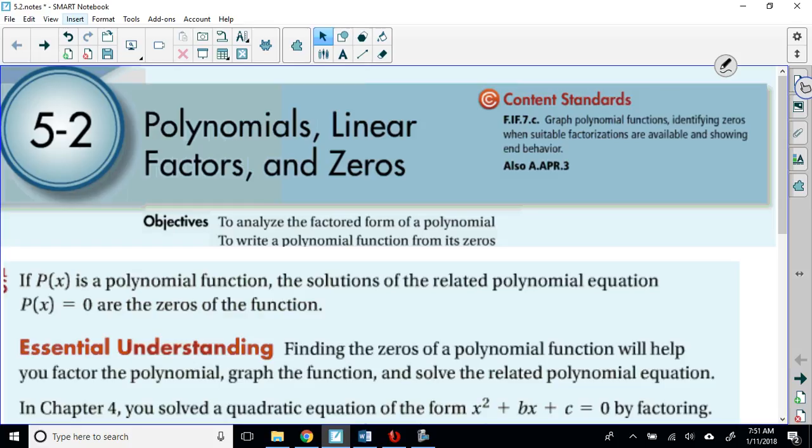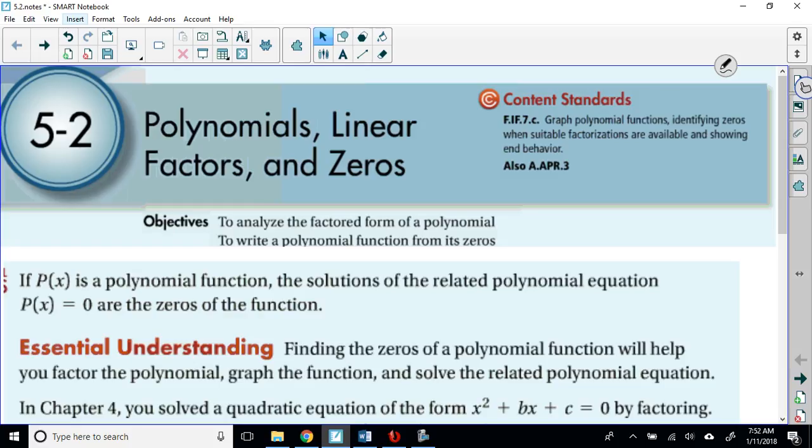Okay. So to start this off, I'll give you a second. Hopefully you got the title written down. 5-2, Polynomials, Linear Factors, and Zeros. There's three, I guess it's going to have a theme of threes. There's three ideas that you really need to understand the difference between them. And most of you probably already do.